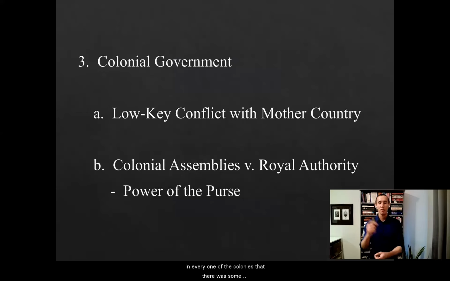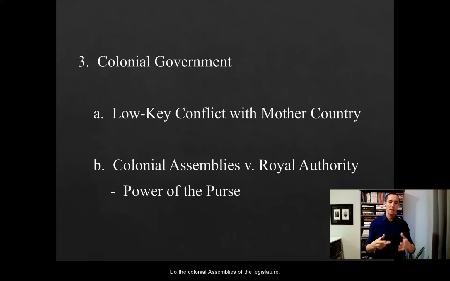So in every one of the colonies, there was some representative of the British Crown. In contrast, in every one of the colonies, there was some sort of colonial assembly. When we say colonial assembly, that's like a legislature that is representative of the population.